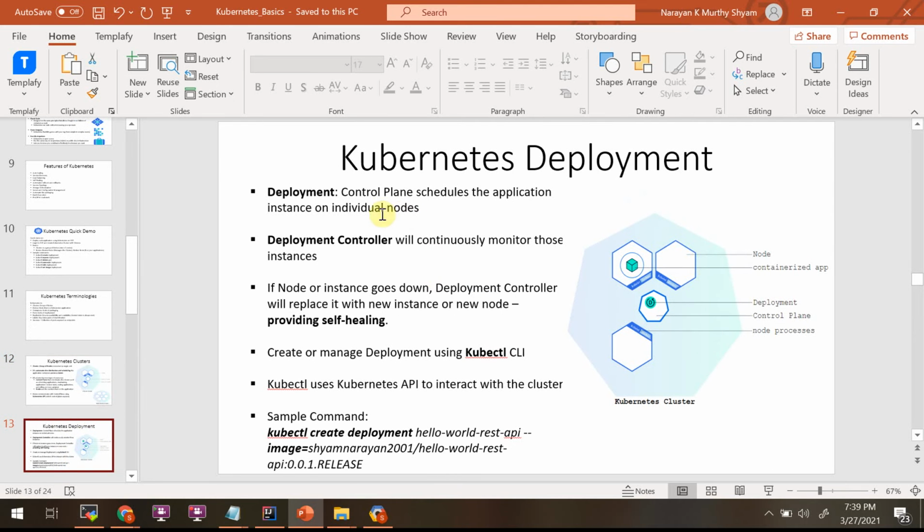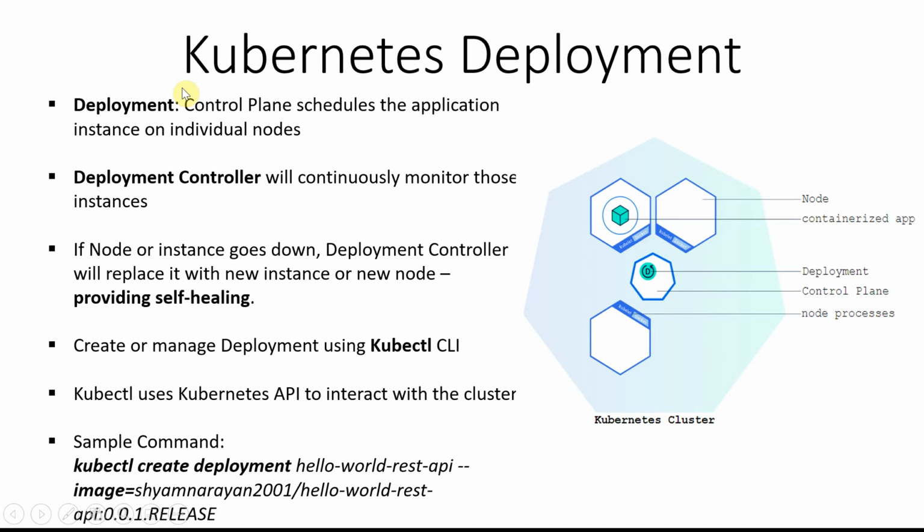Now let's go to the deployment. The deployment step is where we actually want to deploy something, because the purpose of creating the nodes is to deploy something there. When we want to deploy something, do we need to directly connect to the VM and deploy it? No. We'll always talk to the master.